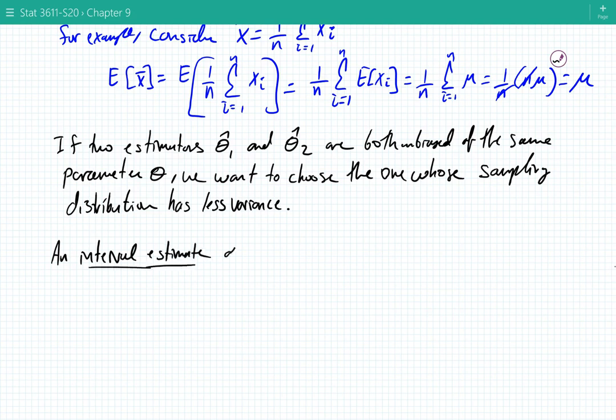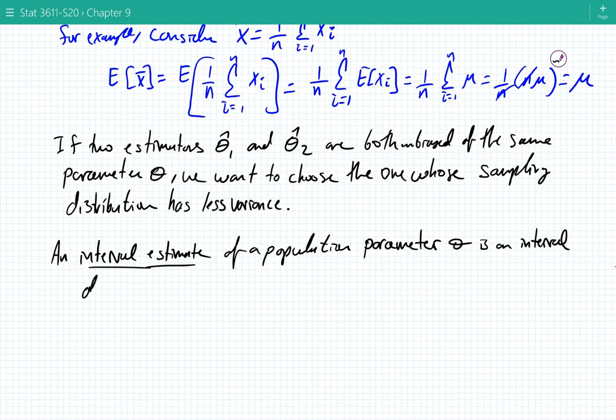An interval estimate of a population parameter is an interval of the form: we have a lower bound estimate for our point estimate and an upper bound estimate.